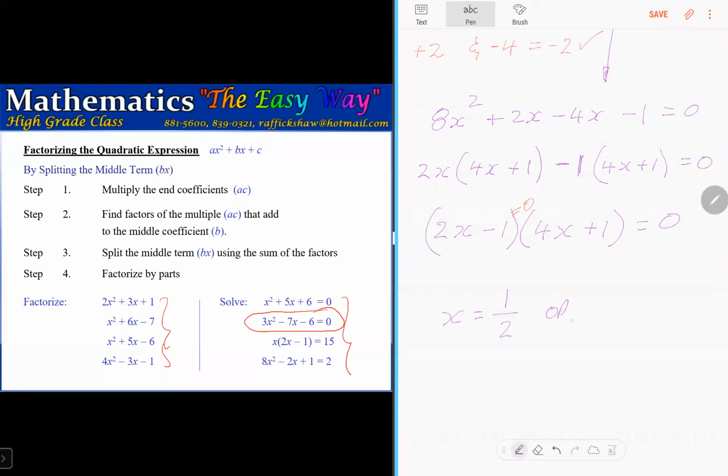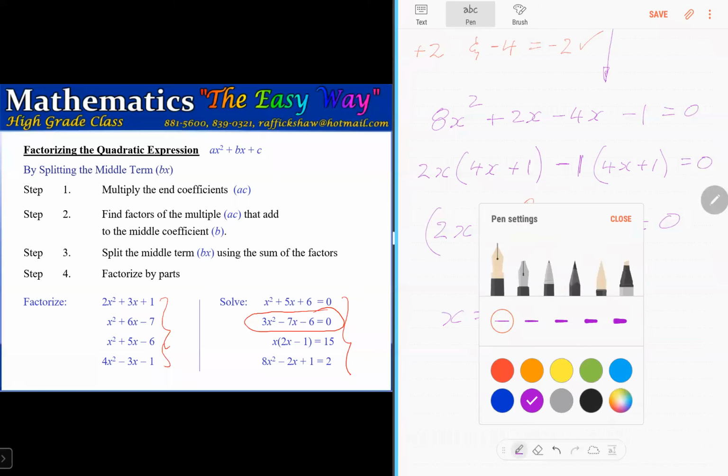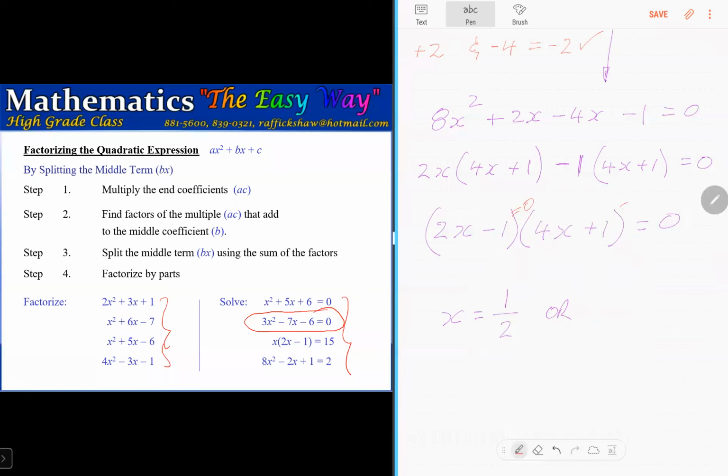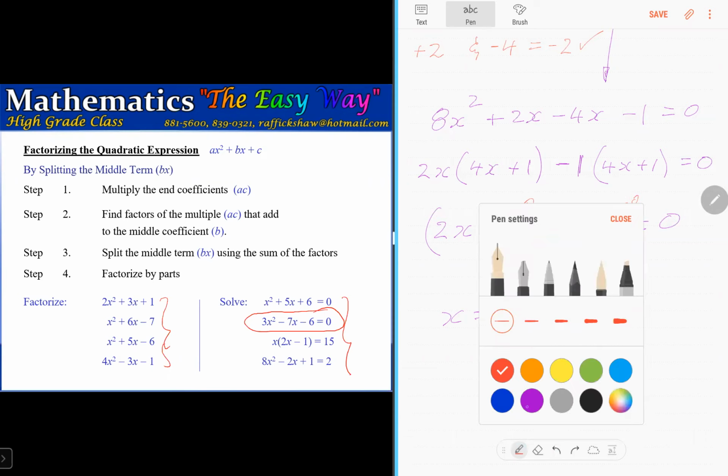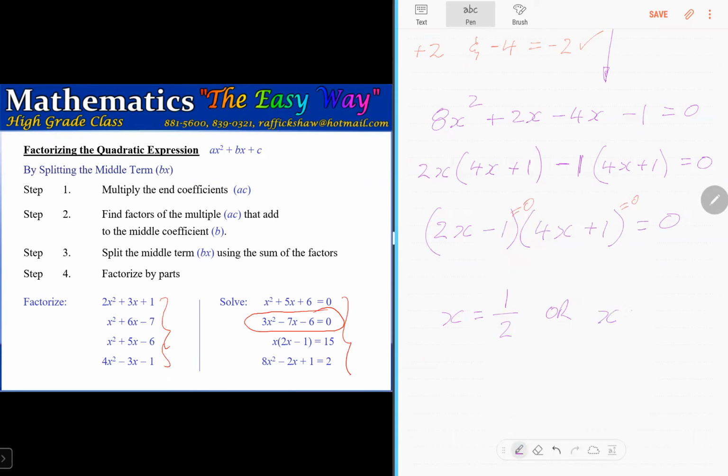Or, second bracket, if this one equals 0, what would happen? I will carry the 1 over, I become negative 1, and then divide under the 4. So x equals negative 1 divided by 4. So those will be my two roots. Hopefully, that's set.